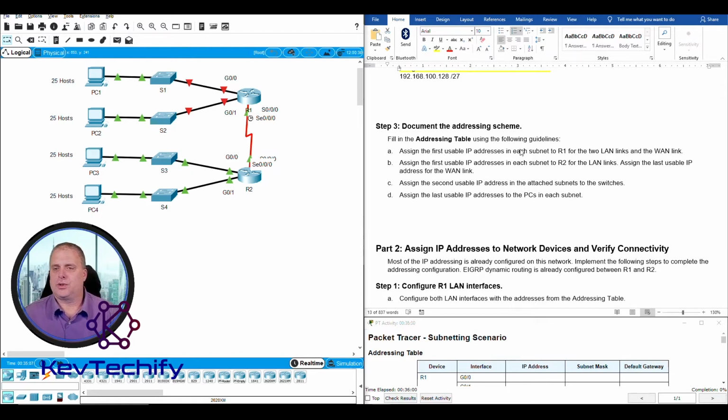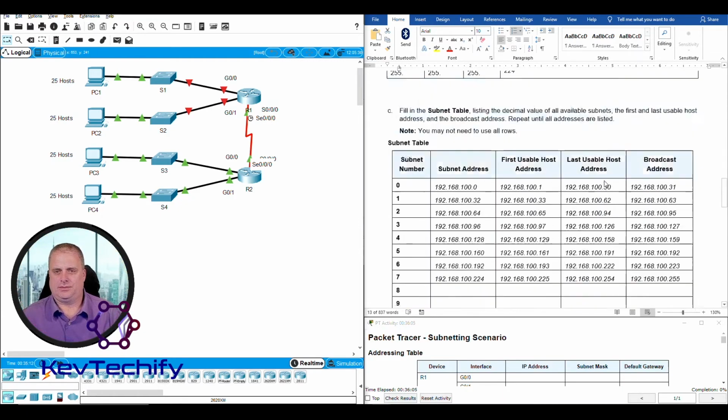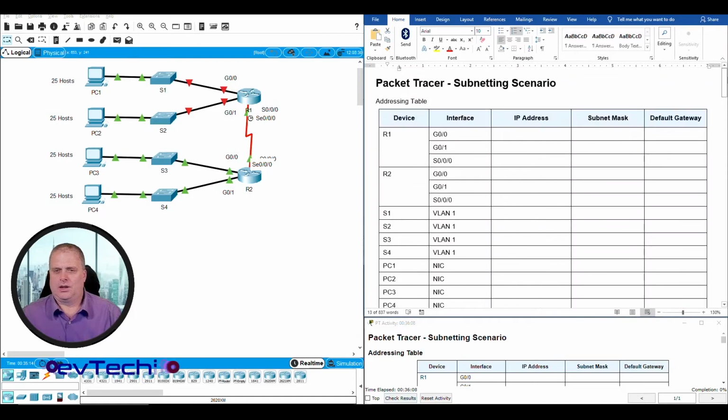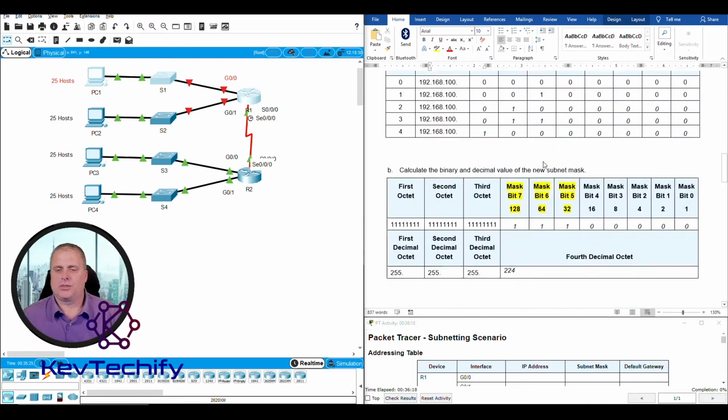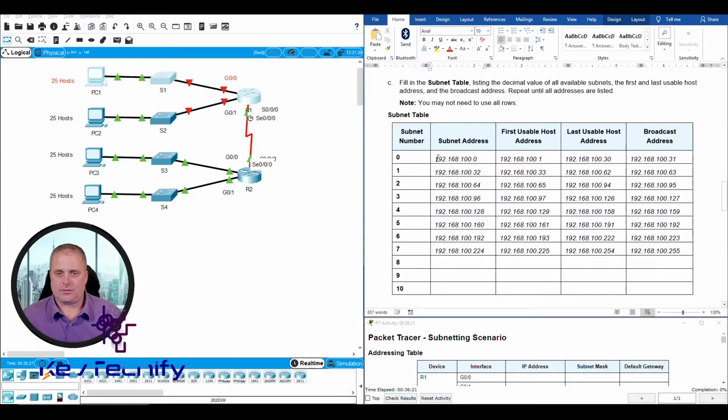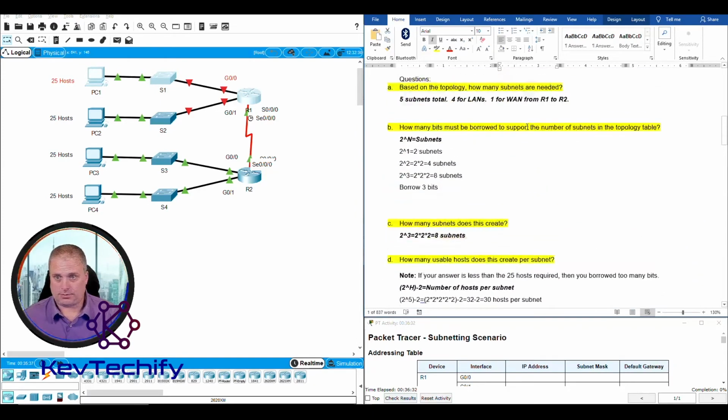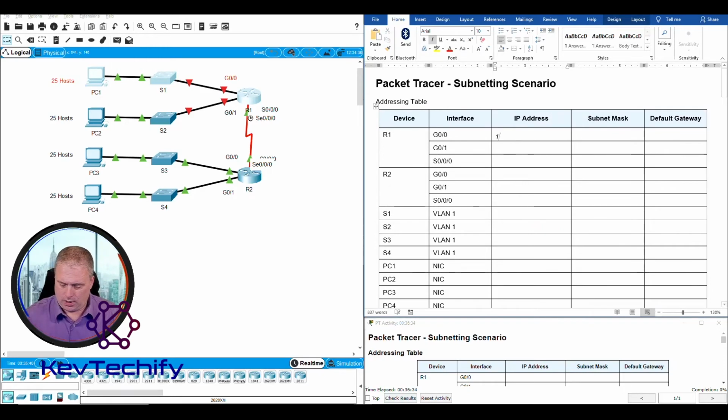First one, assign the first usable IP addresses in each subnet to the LAN links on the routers. Coming up here. Here is our LAN link. R1, this is the first network here. I'm going to wind up doing a lot of scrolling up and down. This was our first network, subnet 0. The first usable address we can get right from the chart here, 192.168.100.1. Scroll up here, 192.168.100.1.